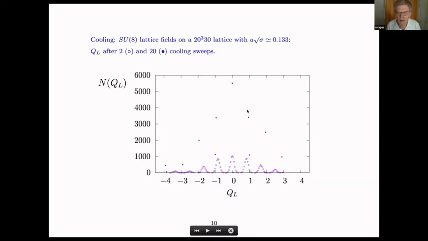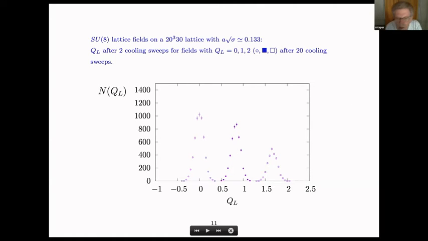So you may also ask, is it really the case that all these fields that look as if they belong to Q equals 1 actually are the same as the fields here after 20 cooling sweeps? So you can take all the fields that after 20 cooling sweeps have topological charge 0, 1, or 2, and you can then look at what is the charge of those fields after 2 cooling sweeps.